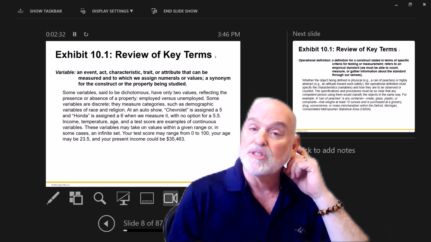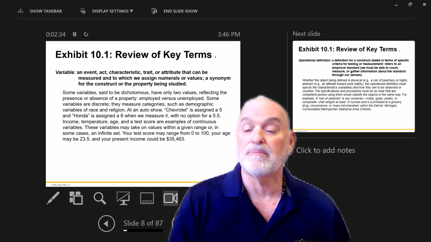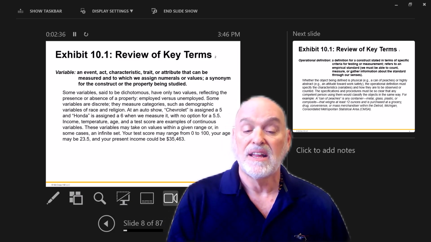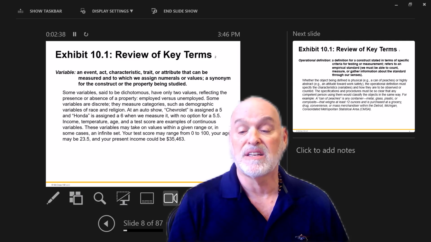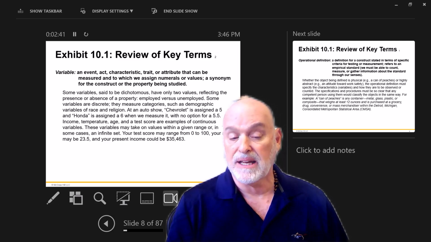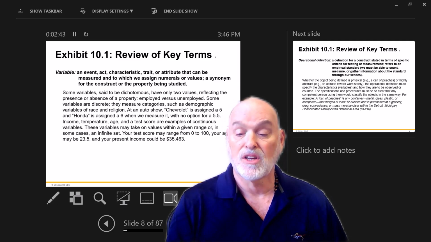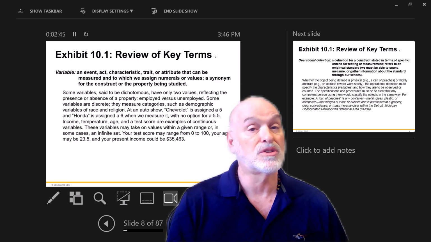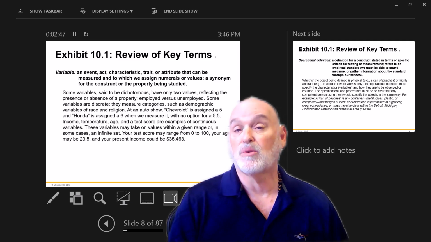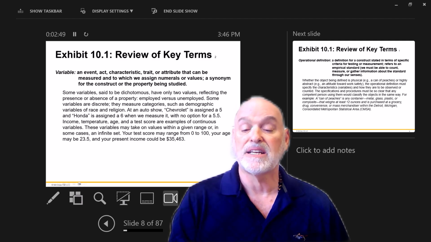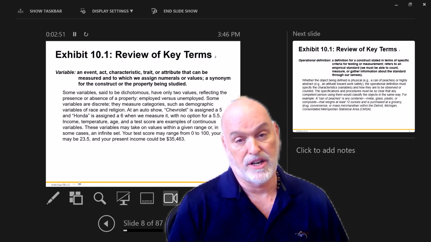Income, temperature, age, and a test score are examples of continuous variables. These variables may take on values within a given range or, in some cases, an infinite set. Your test score may range from 0 to 100. Your age may be 23.5, and your present income could be $35,463.